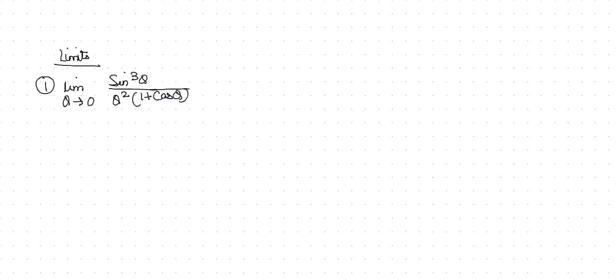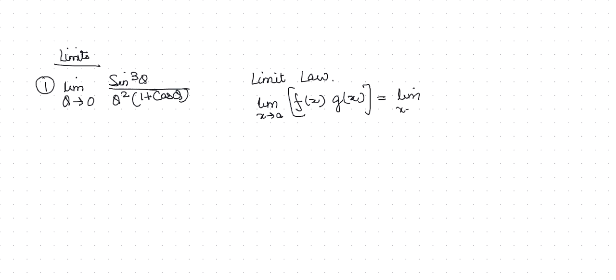Okay. So now we'll use one limit law, or property of limits. The limit as x tends to a of f(x) multiplied by g(x) can be solved by the limit properties: it is the limit of f(x) times the limit of g(x).